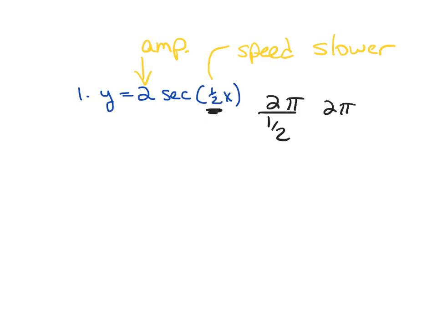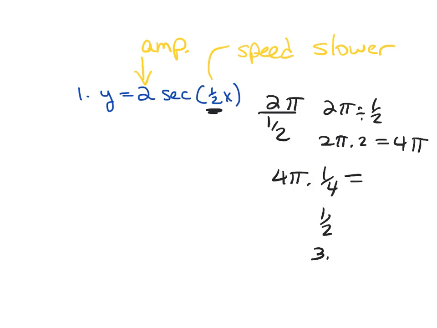So 2 pi divided by 1/2, keep flip change, it becomes 4 pi. So instead of completing the cycle in just 2 pi, I'm going to complete it in 4 pi. So now I'm going to take 4 pi, multiply it by 1/4, and then 1/2, 3/4.